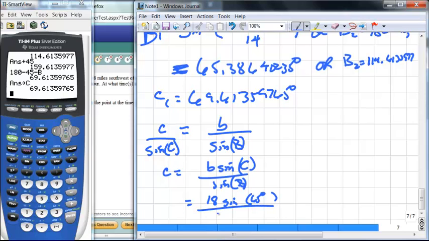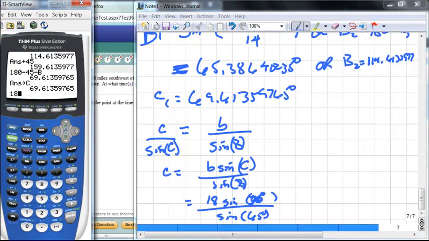Don't put in 65 though, put in what we have. So 18 sine, and then I've got this saved as alpha C, and then I'm going to divide by sine of the other one, which I have saved as alpha B.